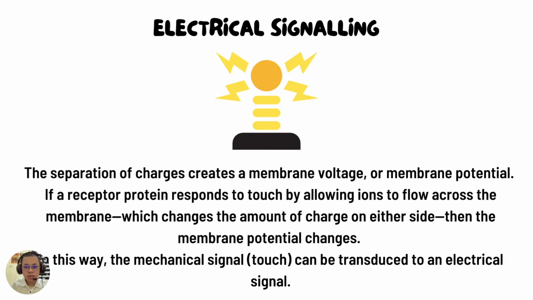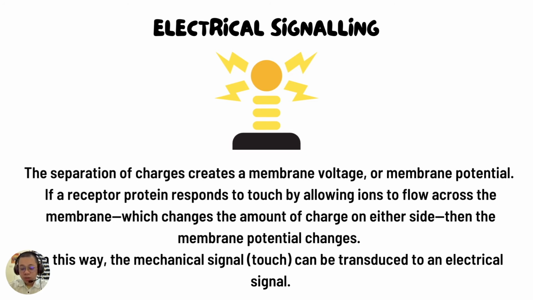What is this electrical signal? Recall that proton pumps in the plasma membrane of most plant cells give them a negative charge relative to the exterior environment. The separation of charges creates a membrane voltage or membrane potential. If the receptor protein responds to touch by allowing ions to flow across the membrane, which changes the amount of charge on either side, then the membrane potential changes.